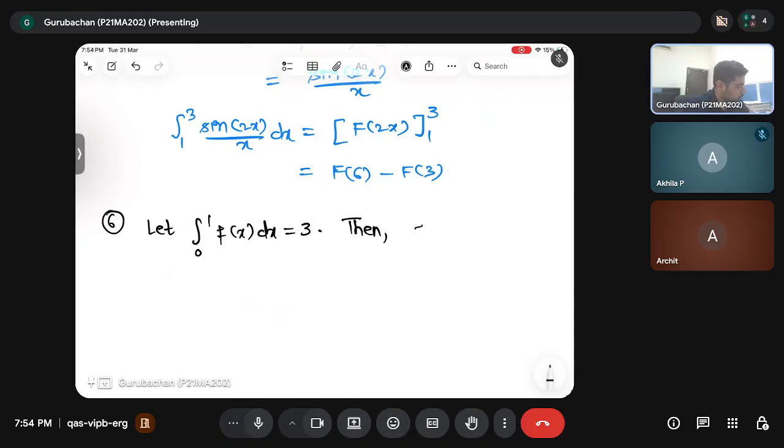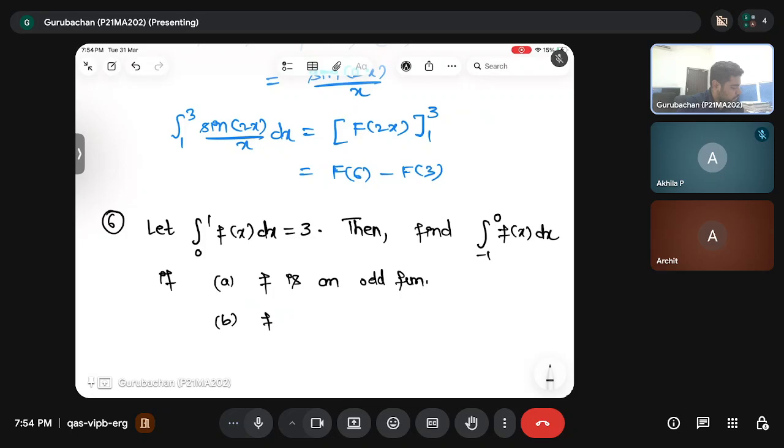Then find the integral from minus 1 to 0 of f(x) dx if, first, f is an odd function, and second, f is an even function. So I believe, because of the previous examples or illustrations, you can directly tell its answer without even solving.